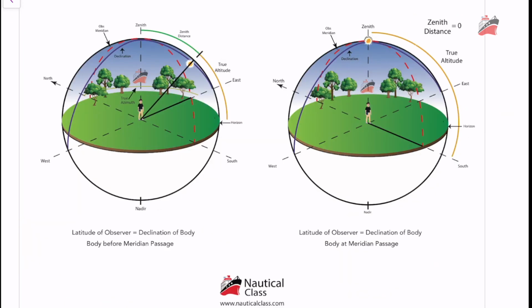Now in this diagram, the latitude of the observer is equal to the declination of the body. I would request you to pause the video and carefully understand this diagram.